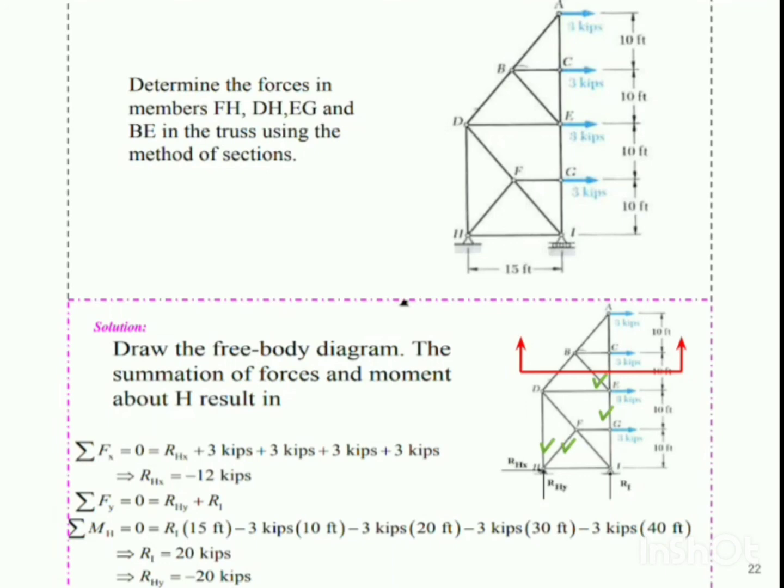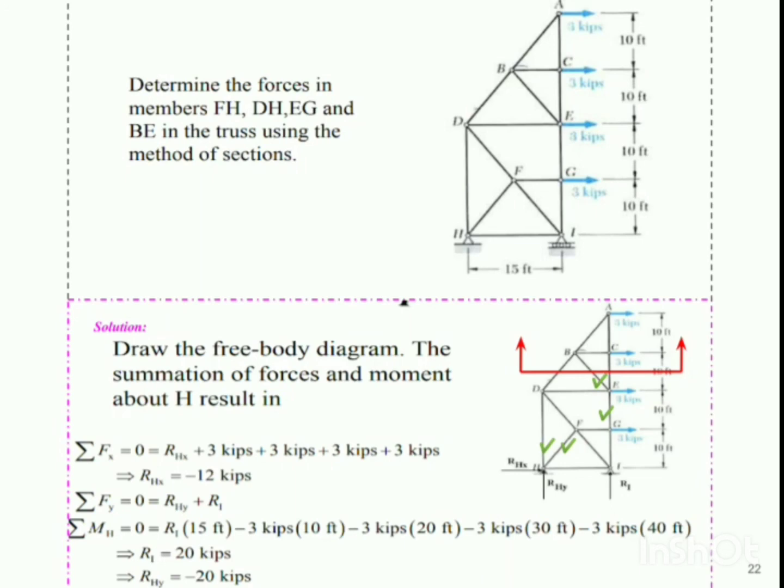So either you can keep the same system of units and analyze the problem, or you can convert the units, that is feet to meters and kips to newtons or kilonewtons, as the case may be. But over here I have kept the same system of units.